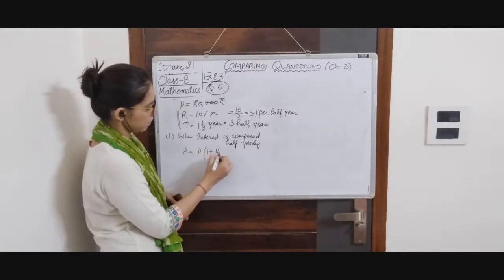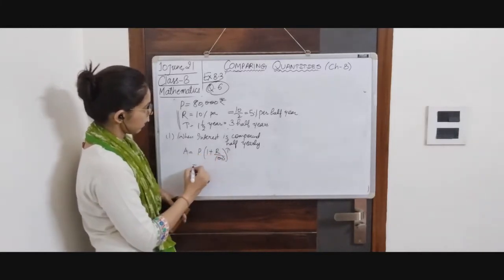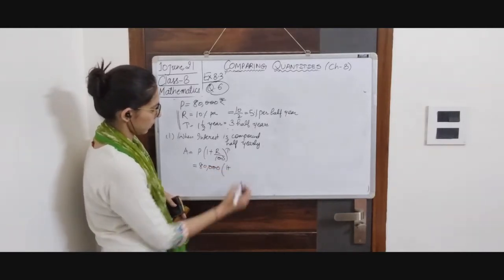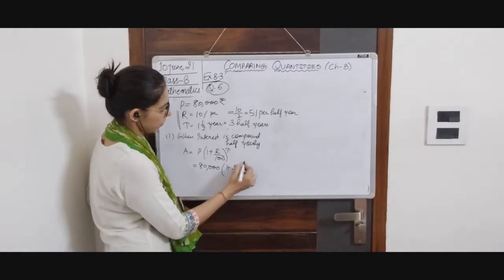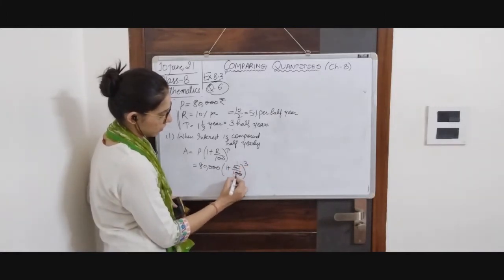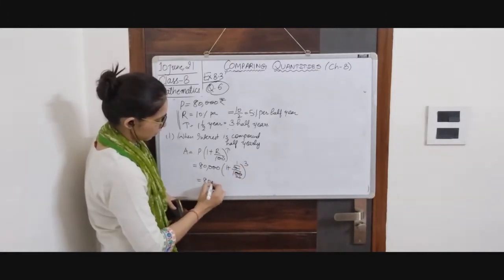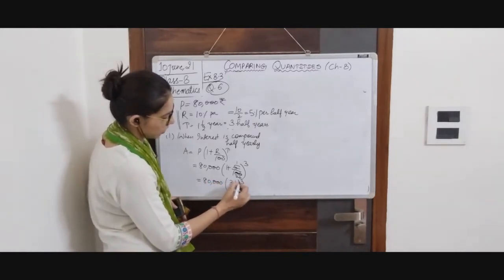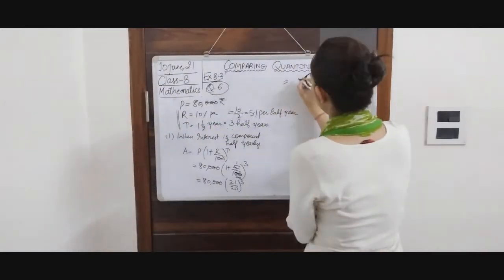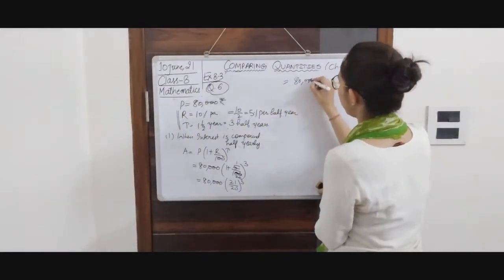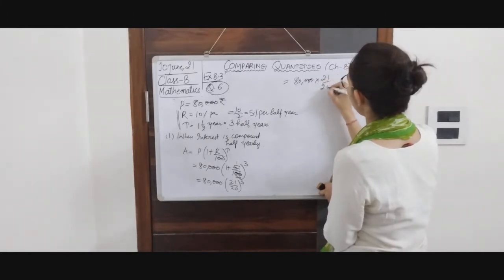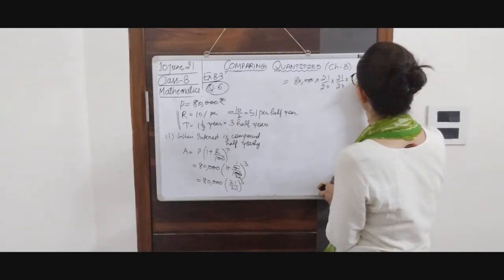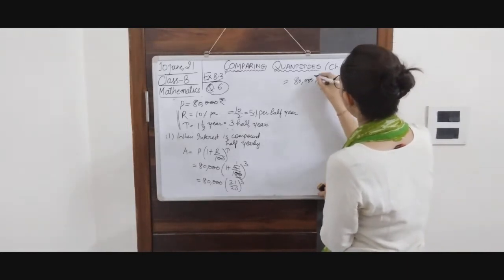It will be P into 1 plus R by 100 to the power T, which will be equal to 80,000 into 1 plus 5 by 100 to the power 3. It will be equal to 80,000 into 21 by 20 to the power 3. Further calculations tell that it will be 21 by 20 product written 3 times because we have cube.